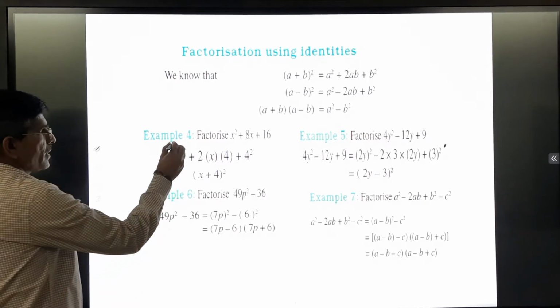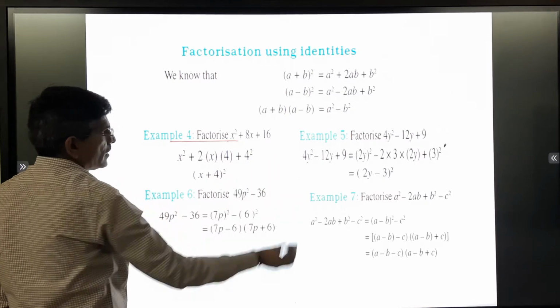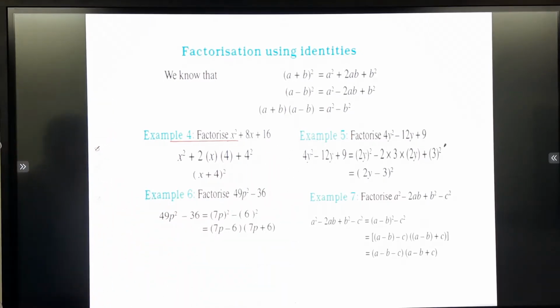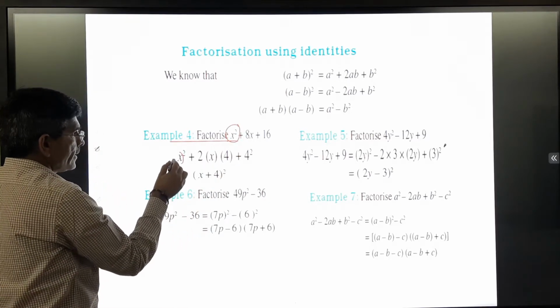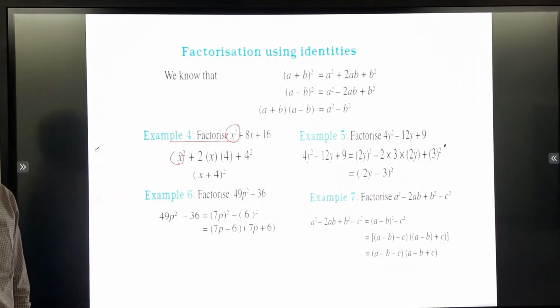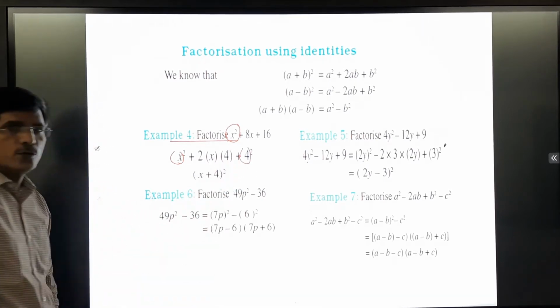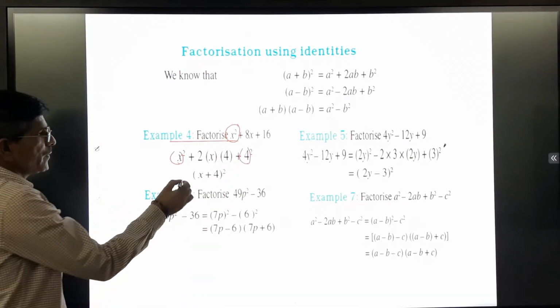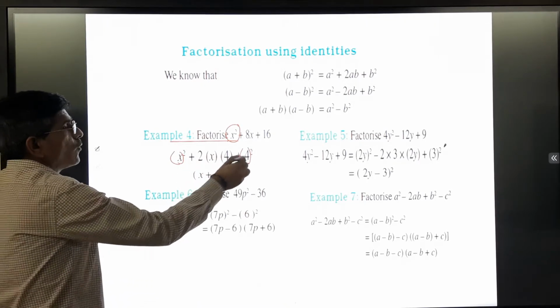So example 4, factorize x squared plus 8x plus 16. For x squared, I have to write in bracket x whole squared. For 16, I have to write in bracket 4 whole squared. And between them I have to write plus 2 into x into 4.